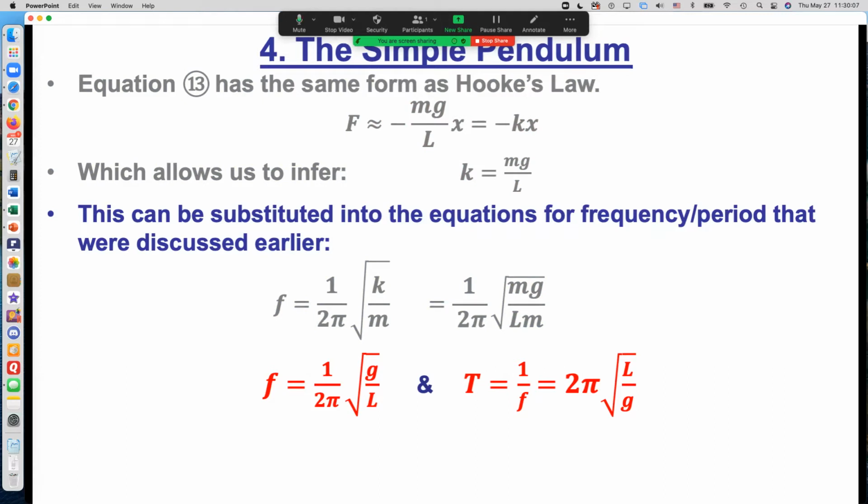Sort of surprising, right? You would think that the thing would maybe go slower because of inertia, right? But it doesn't.